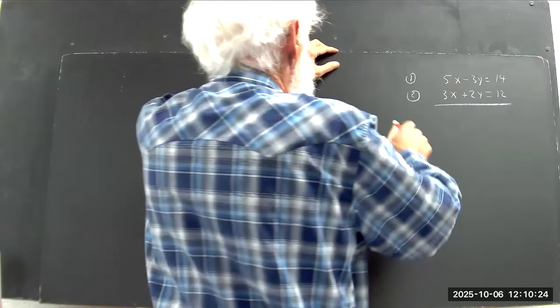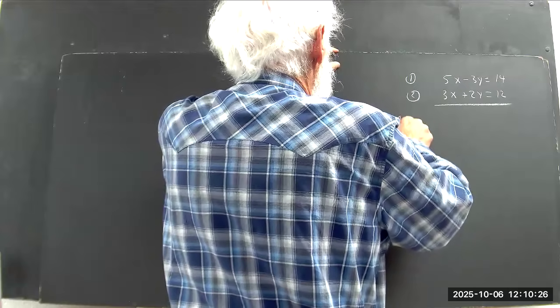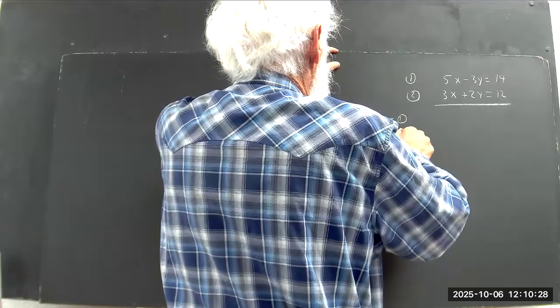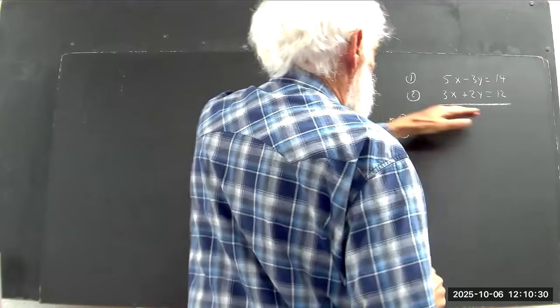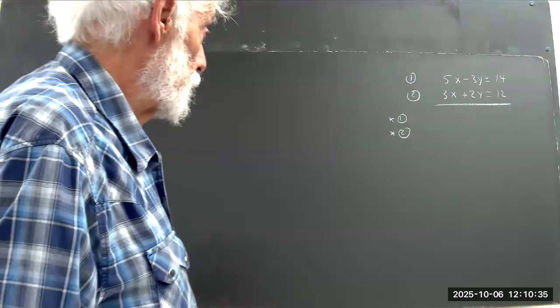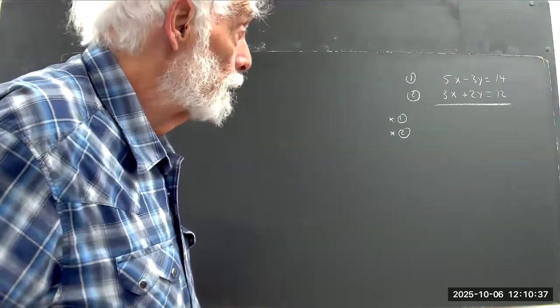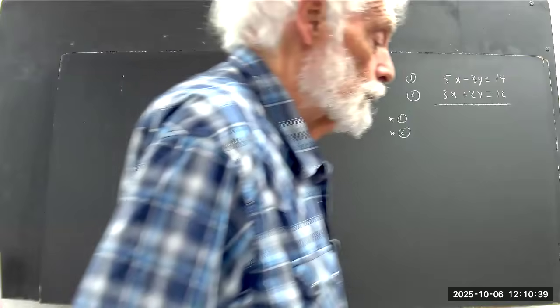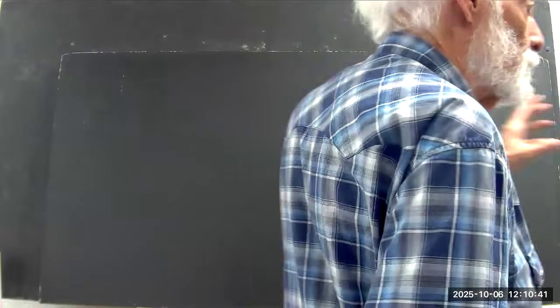So you're going to want something times equation 1 here, and something times equation 2 here. You work that out over to the left or to the right on a different part of your paper and figure out what your multiples need to be.